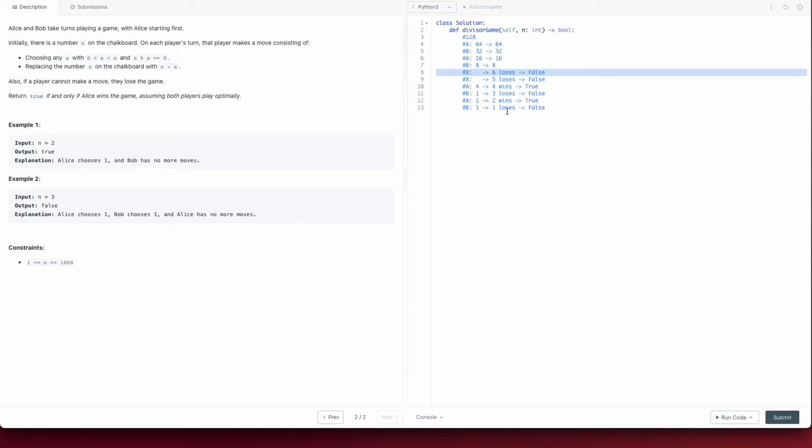With 6, you have some choices. Basically, that's why this number is so low, because you have to build a board. So with 6, you basically scan it and say, well, if I can pick a number where the other player loses... here I must choose 1, so the other player wins. So this one is a win.